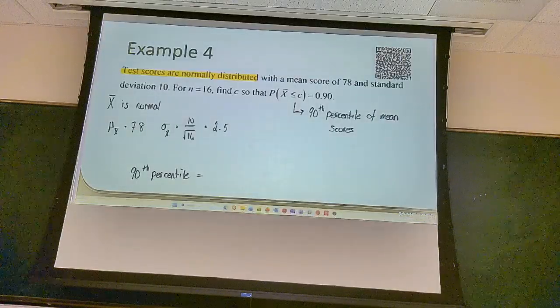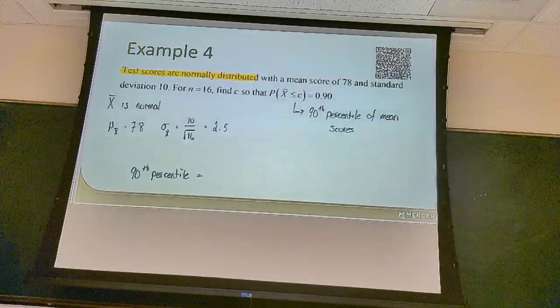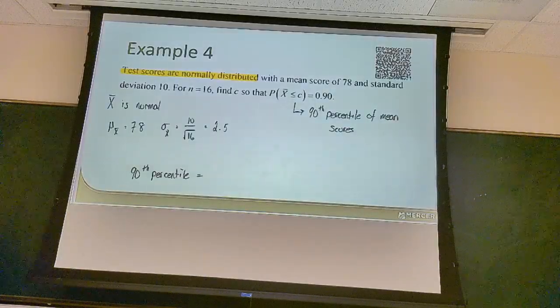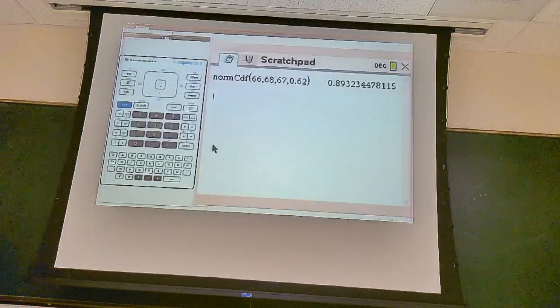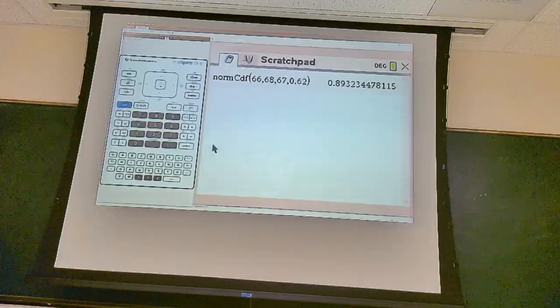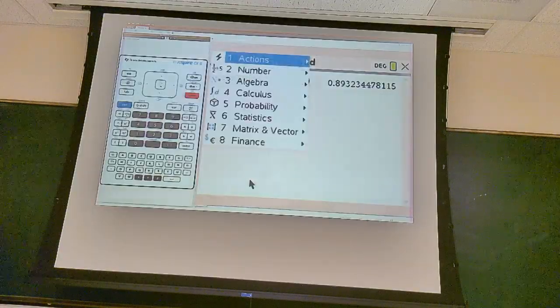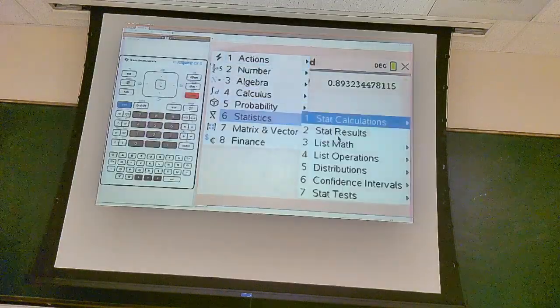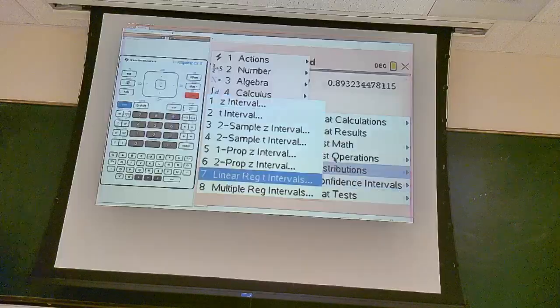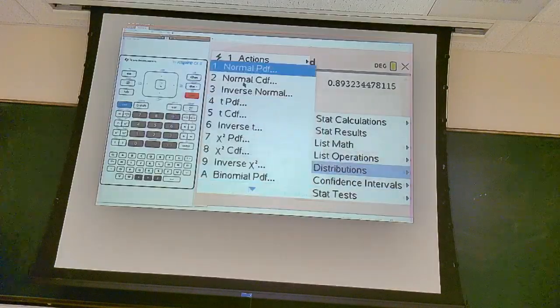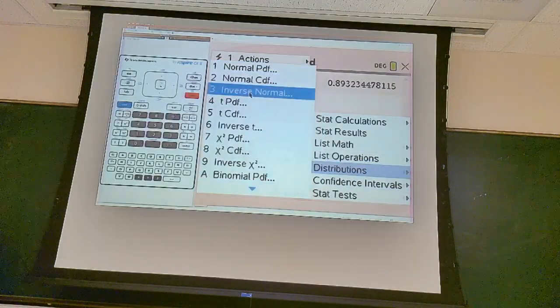So the 90th percentile. Remember, this time we want the inverse normal.